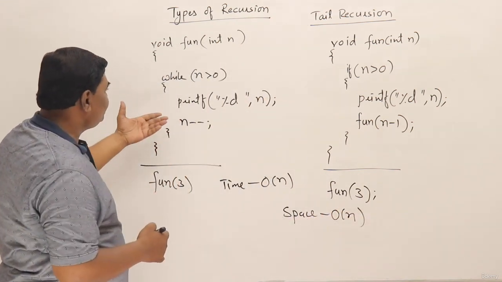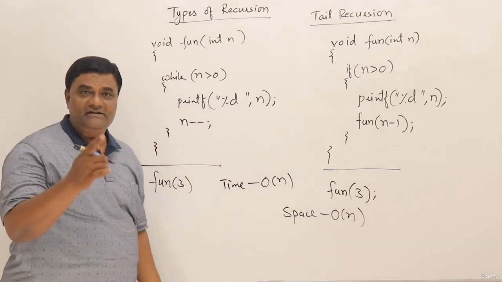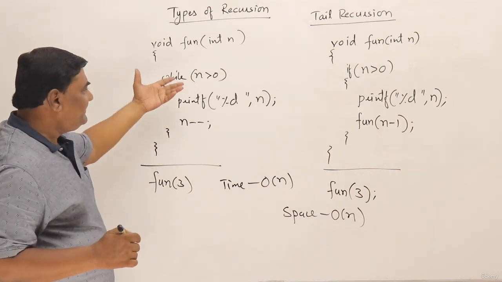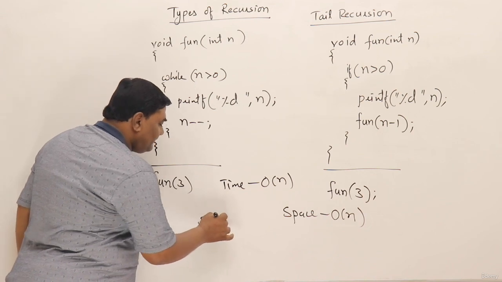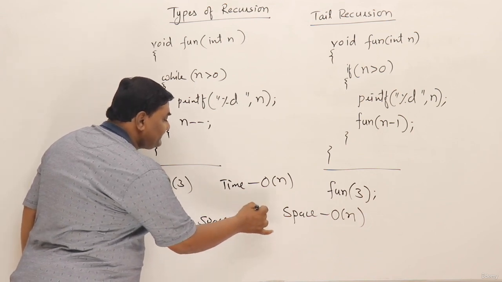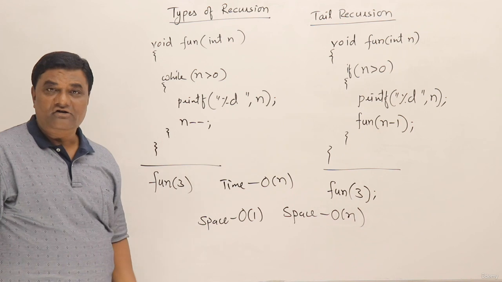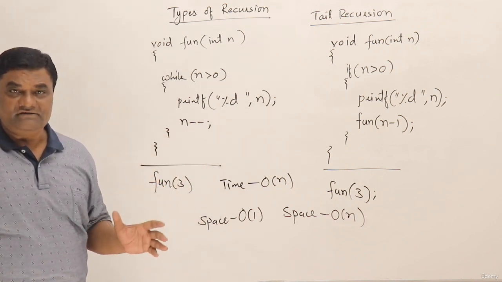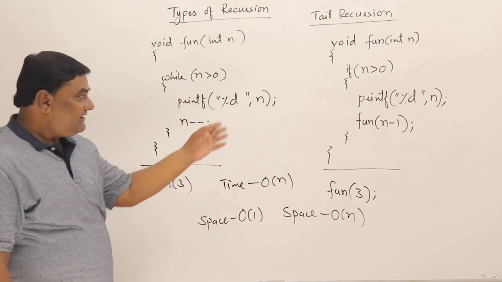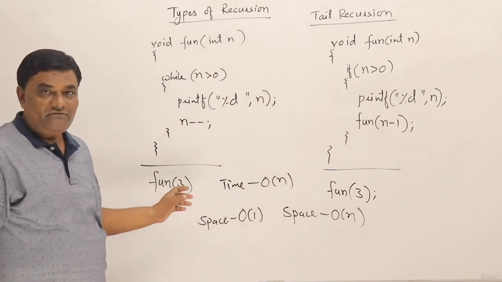This is a loop function. How many activation records will be created? Only one. It is not calling itself again. So the space complexity for this one is order of 1. It will create only one activation record. That is constant. So there it is order of n and here it is order of 1.